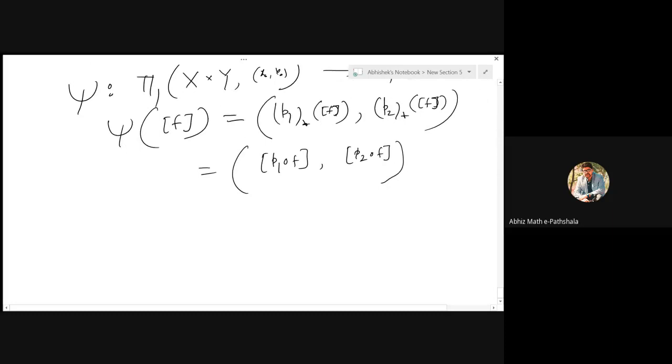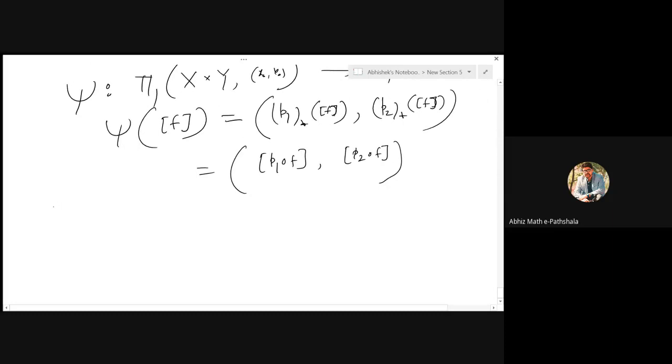Now, this is easy to check. Check on your own. This is very obvious that psi is a surjection.